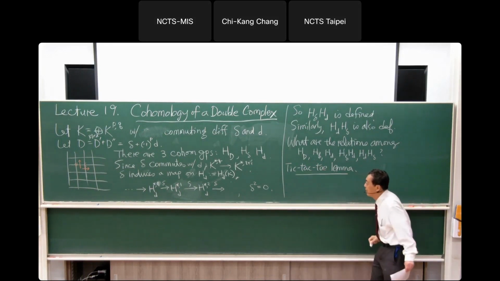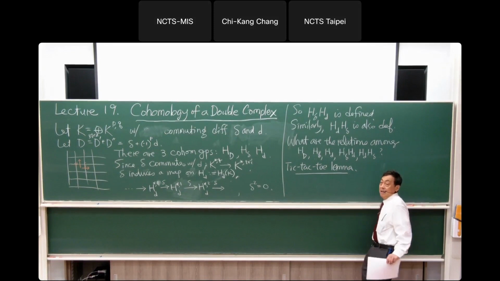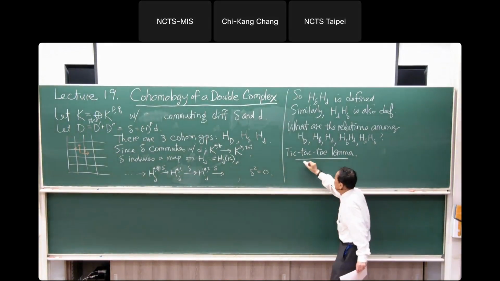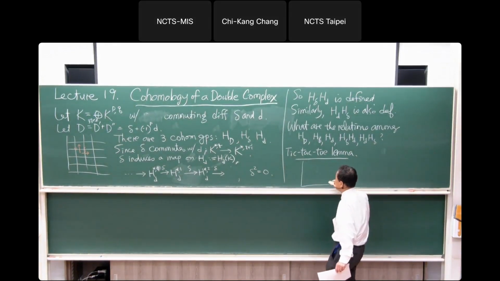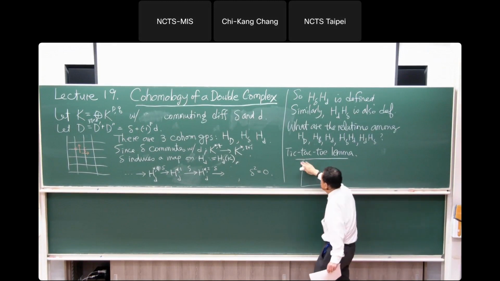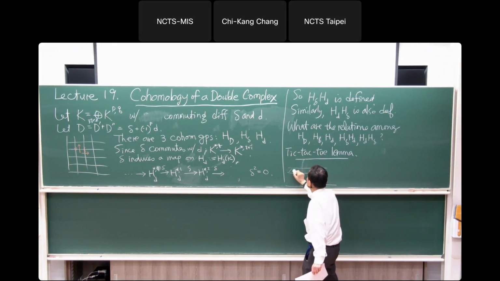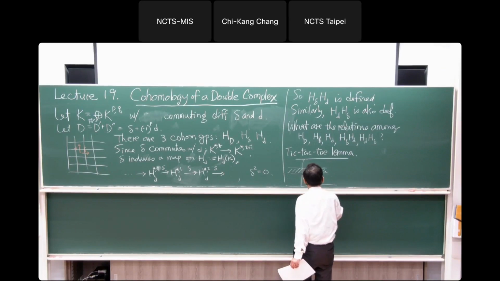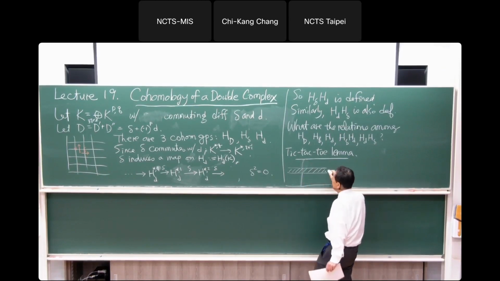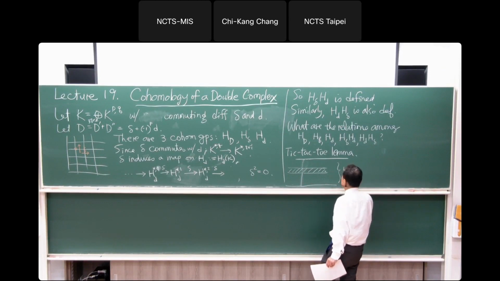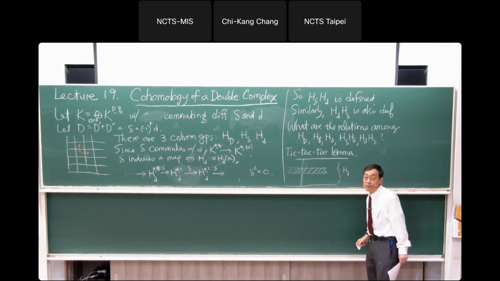I think the best way to understand it is just with a picture. Suppose H_d has only one non-zero row. So this is a picture of H_d, which has only one non-zero row.